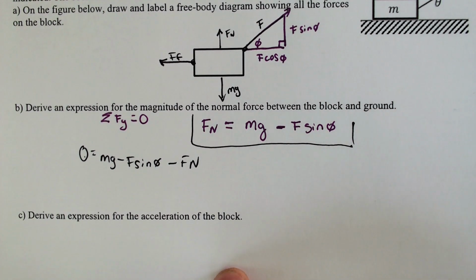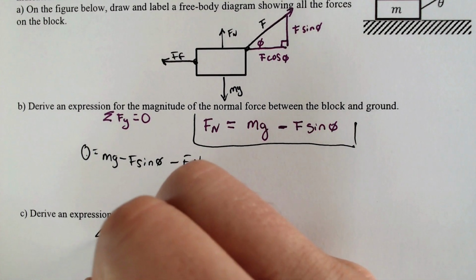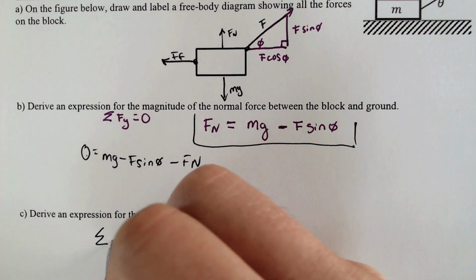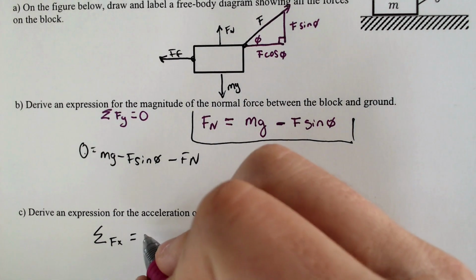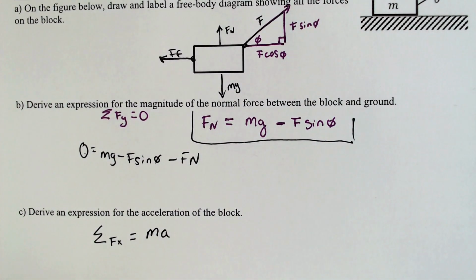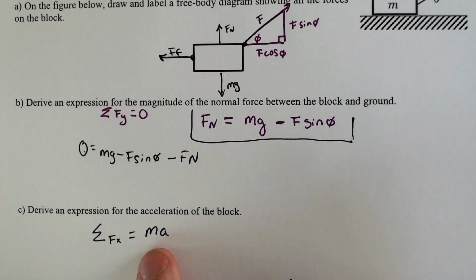And the way we're going to be figuring that out would be if the sum of all forces in the x direction, or the right direction, would equal just its mass times acceleration. Okay, so after friction has occurred, it's its mass times its acceleration.